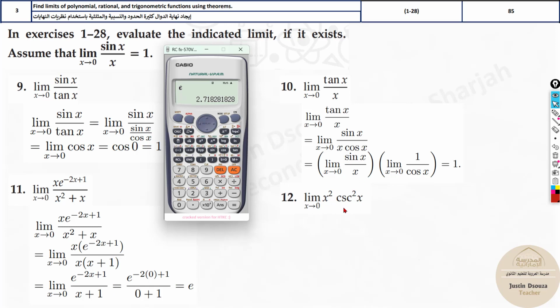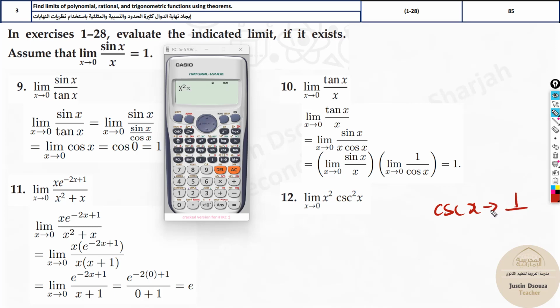Now, what about this problem? Here, we do not have cosecant, isn't it? What to do now? In such cases, it's very simple. All you need to do is type whatever is easily typable, that is alpha x squared, multiplied with, we know cosecant, let me write over here, cosecant is reciprocal to what?